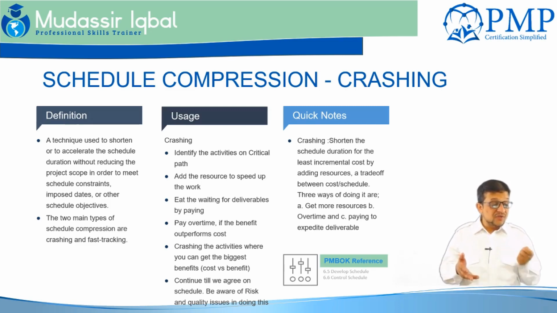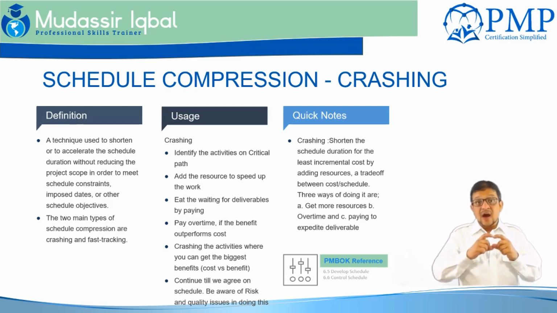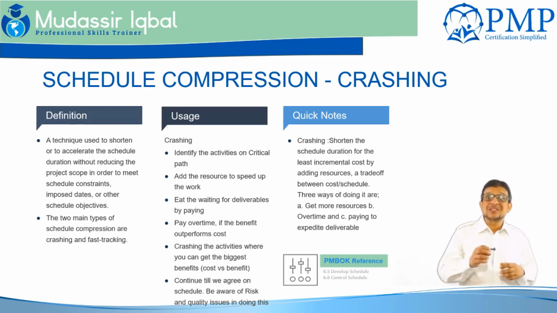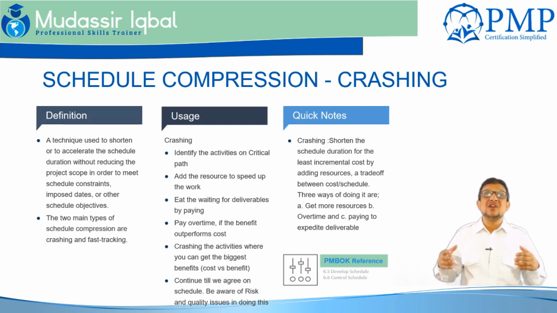You want to identify the best way of doing it. There are 3 ways: A, get more resources; B, have the resources do overtime, so instead of 8 hours you ask them to do 4 more hours. It is a balance between cost and schedule. With additional resources, you may have a challenge of collaboration and integration.